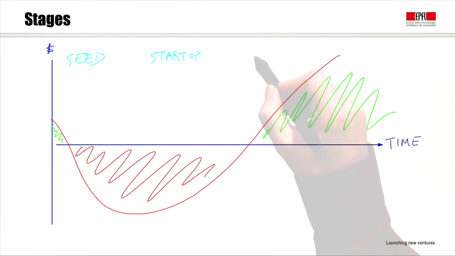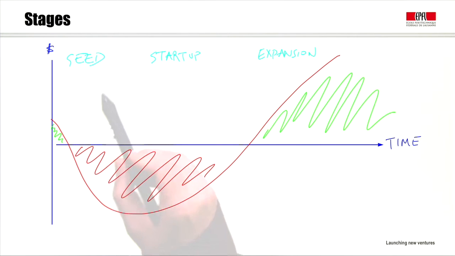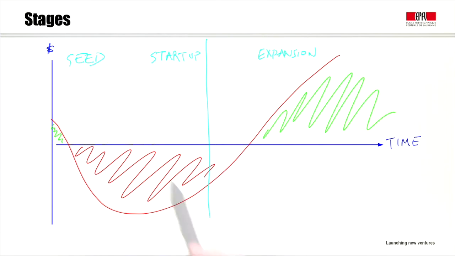And then they would call this third part the expansion phase, or the growth phase. So what we're looking at today is this early time period, somewhere in here, when you are trying to get your business launched.